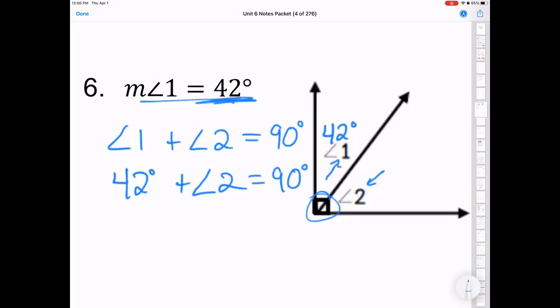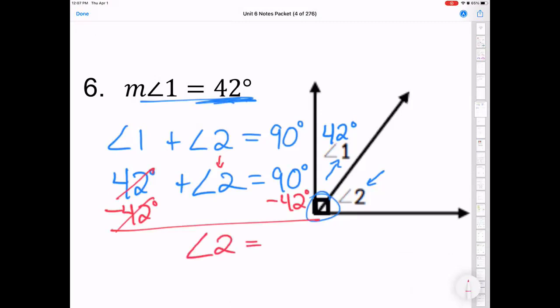And now, again, our goal is to try and figure out, hey, what is this missing angle 2? So to accomplish that, we're trying to get him alone, isolate him. This 42 really has nothing to do with it. And that's why we're going to take him away from both sides. Here it cancels, leaving us angle 2 all alone, which is what we're trying to find.